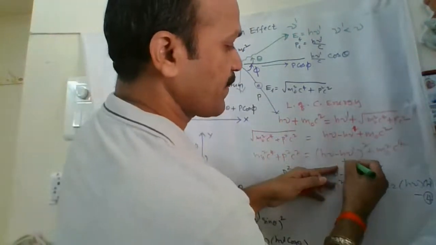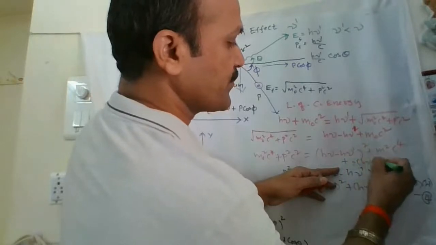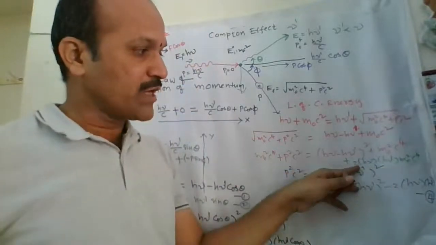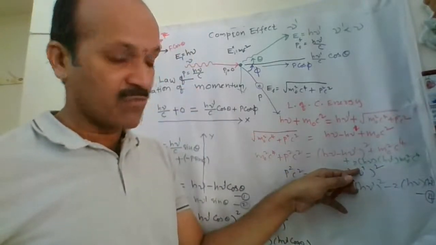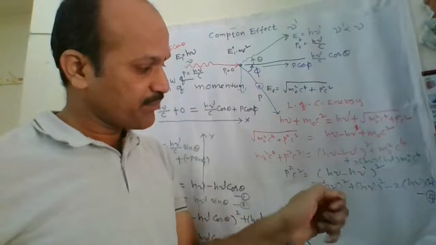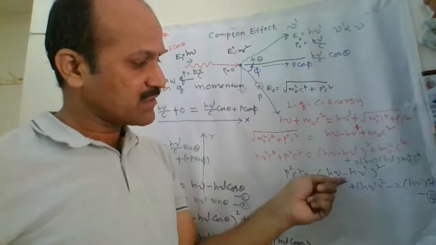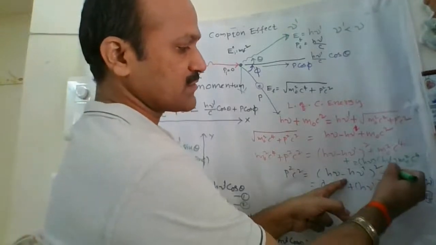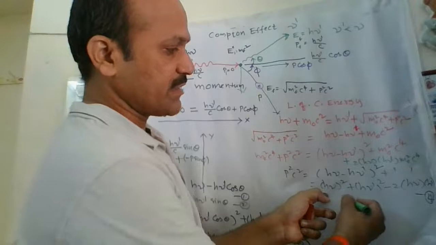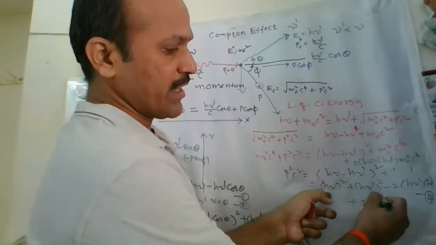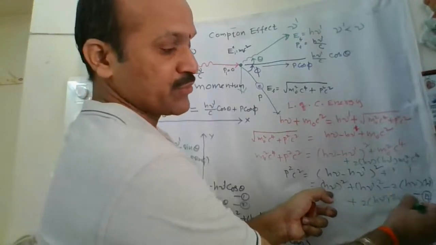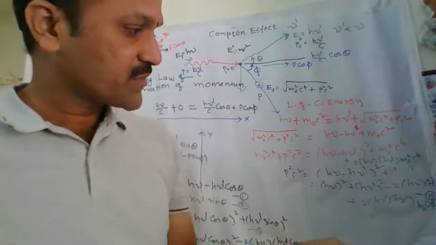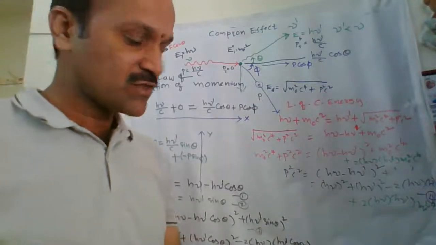See, plus 2 h nu dash m naught square c power 4, that we did not take. And the square is equal to h nu minus h nu dash square plus this thing, and plus 2 h nu dash m naught square c power 4. And while equating, you equate both the equations.